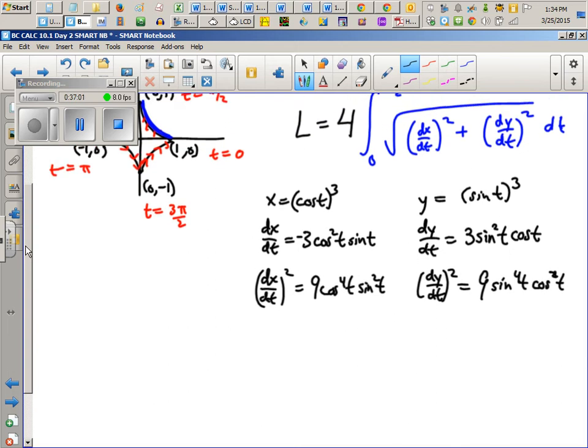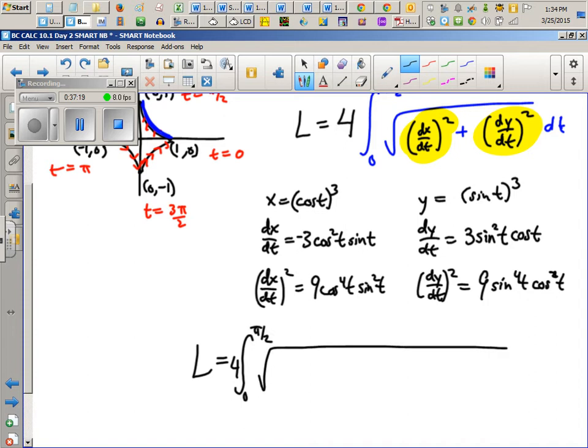If you look at the formula, there is a square right here. These get squared before they get added. So let's give it a try. The length of the curve is 4 times the integral from 0 to pi over 2 of the square root of garbage plus garbage.